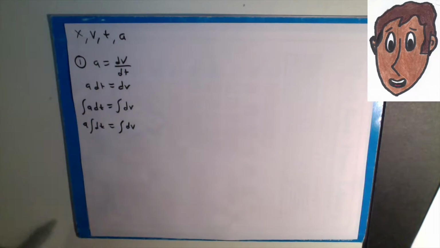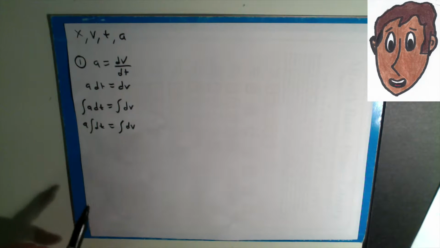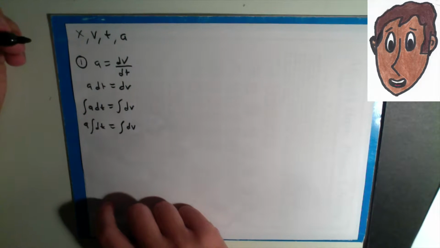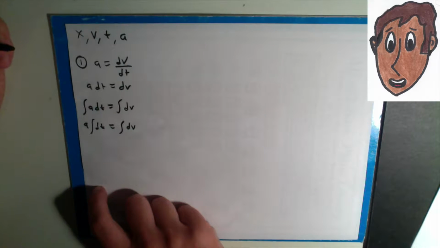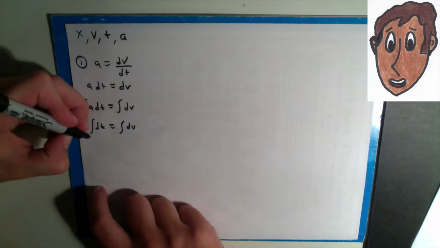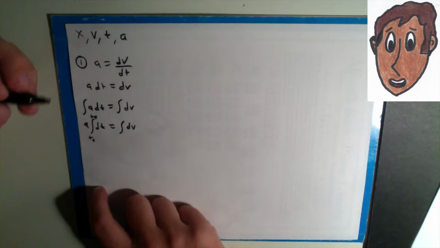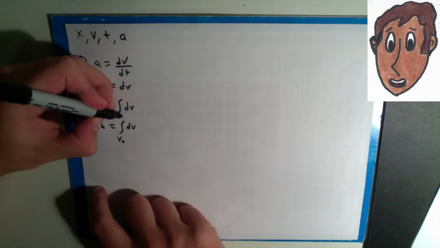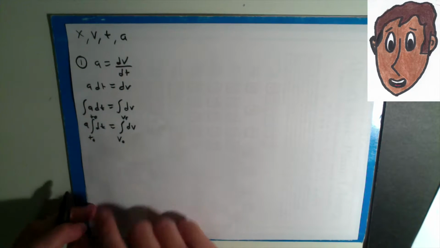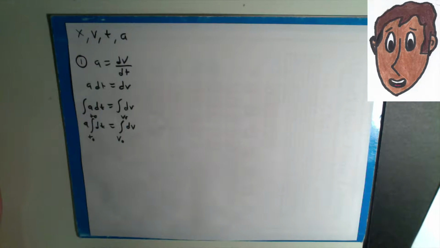Now what? So both of these equations just have a constant 1 inside them, so they're very simple. And we need limits, of course. So we have, for t, we can say t naught to t final. And for v, we can say v naught to v final. We can also do 0 to delta t and 0 to delta v. I'll do that in the next derivation here to make things easier, but just being pedantic here.